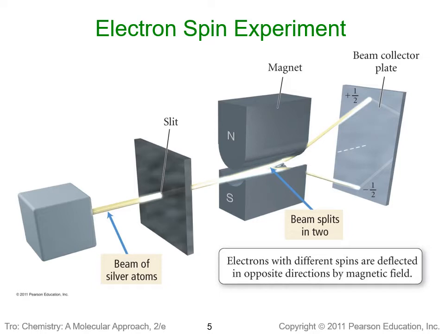When that beam passes through the magnetic field, part of the beam is diverted up onto our detector, and part of the beam is diverted down. It splits into two. This has to do with the spin of our electrons, and so we designate this as a spin of plus 1/2 or a spin of minus 1/2.